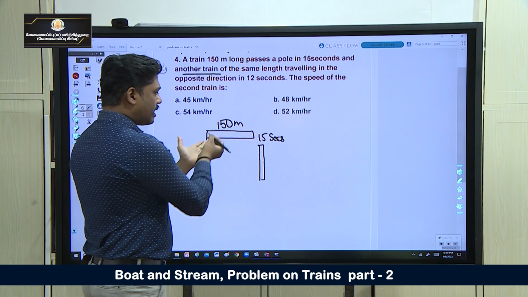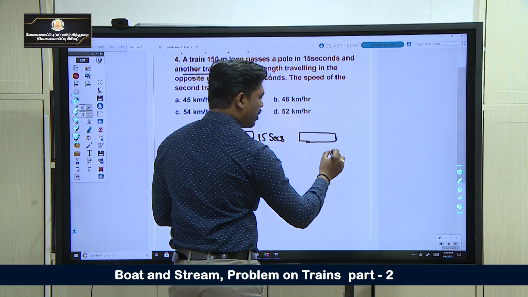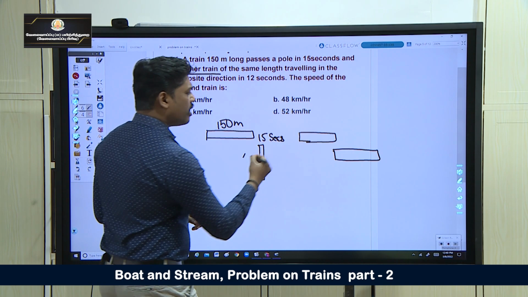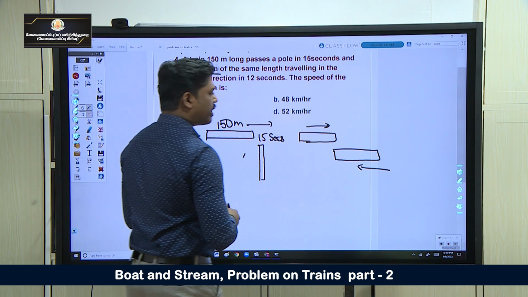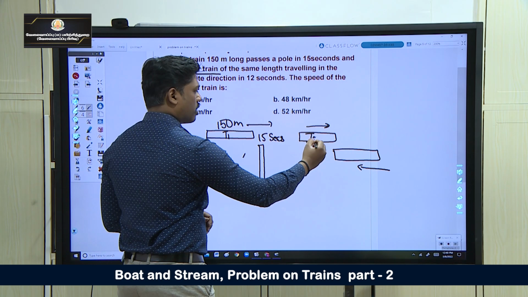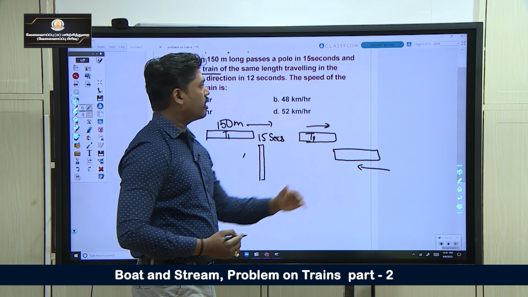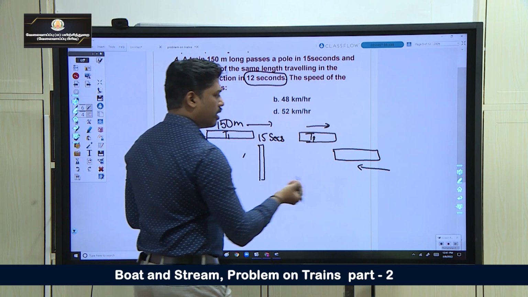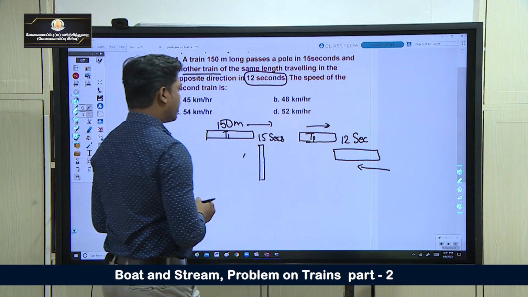And the same train, after crossing the pole, is crossing another train traveling in the opposite direction. First it was crossing a pole and then crossing another train. It crosses another train in 12 seconds.